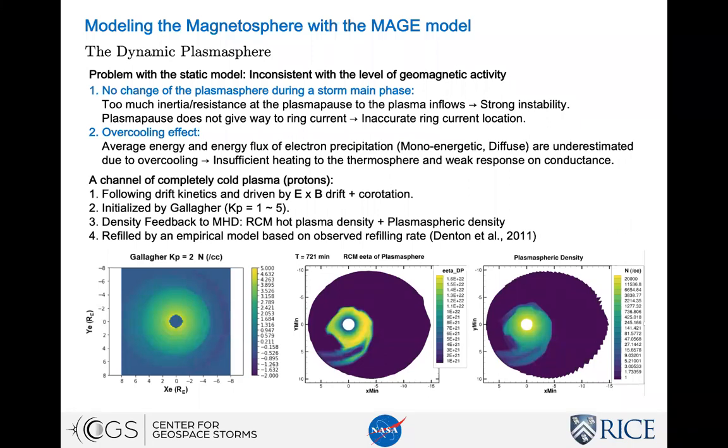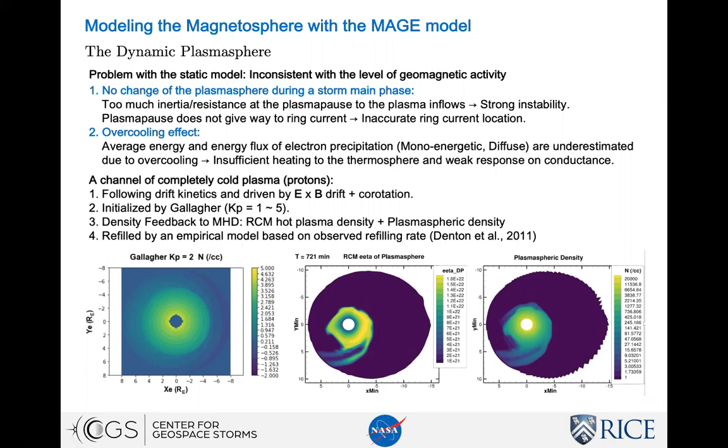So we have implemented a zero energy channel in the RCM for the dynamic plasmasphere. It follows the drift kinetics and is driven by the electric field and the corotation. In each coupling cycle, RCM feeds back pressure, which is a combined density, to Gamera.